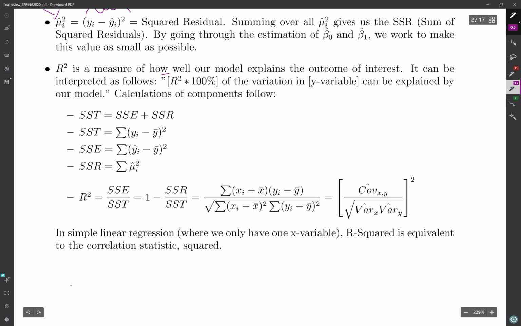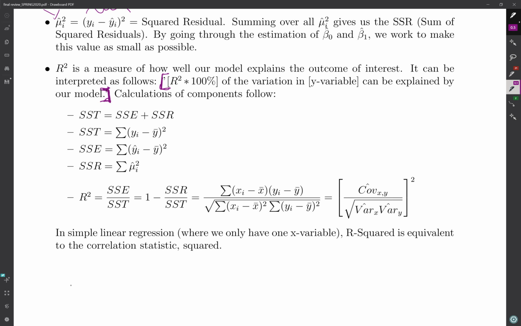If I ask you to interpret R squared, you need to use this exact wording, or something close to it. I'll probably have these on multiple choice. So we'll have something here, and I'll ask you how you interpret this, and you're going to need to tell me. It should be something that looks like this.